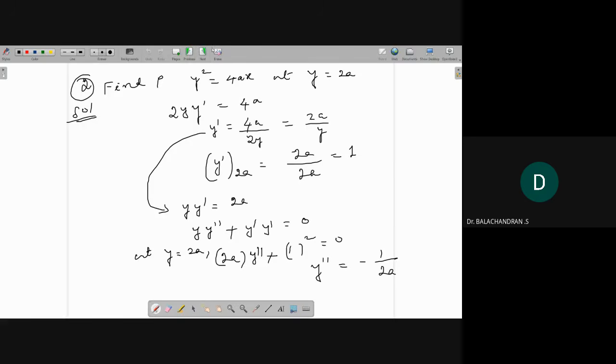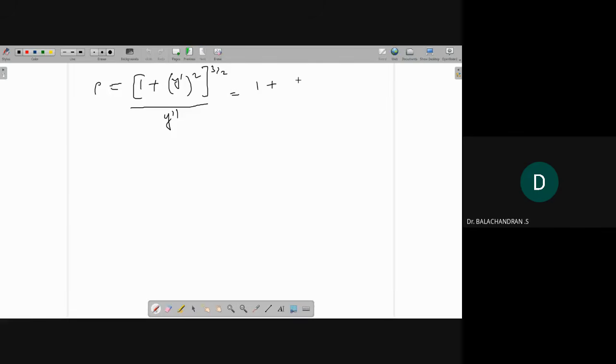Y dash is 1, so 1 square whole power 3 by 2 divided by y double dash, which is minus 1 by 2a. So this is 2 root 2 to minus 2a.